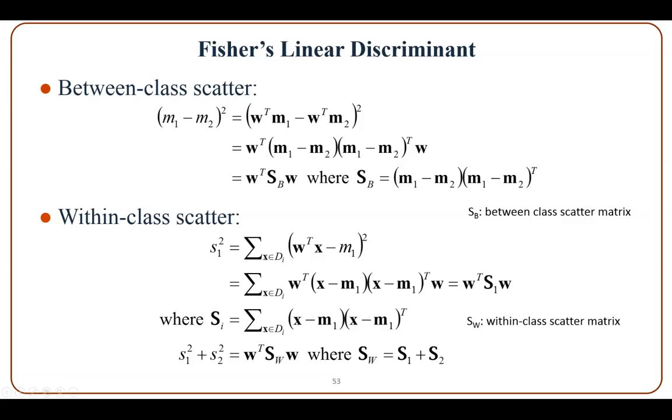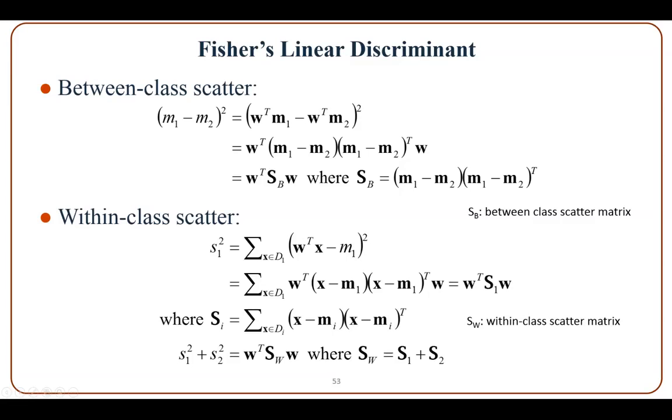Within class scatter S1 squared can be rewritten as the product of W transpose S1 W, and in general Si is the sum for all the points in the corresponding class of the product of (X minus Mi) and (X minus Mi) transpose.